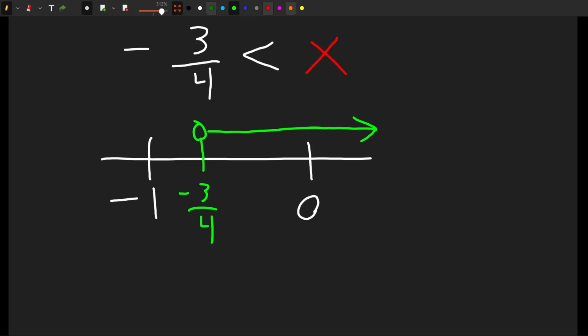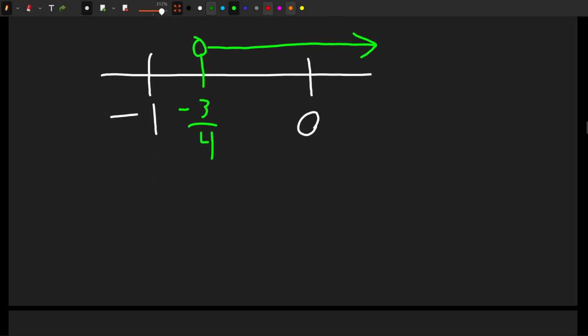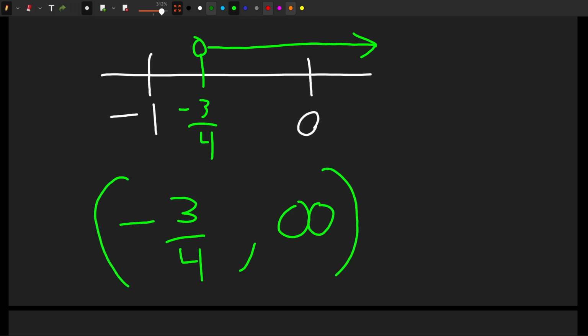Since it has to be greater than negative 3/4, we know that 1 is greater than negative 3/4, and 10 is greater than negative 3/4, so anything to the right is greater than negative 3/4. And then in interval notation, we have negative 3/4, comma, infinity. Both of them are in parentheses since we can't include them.